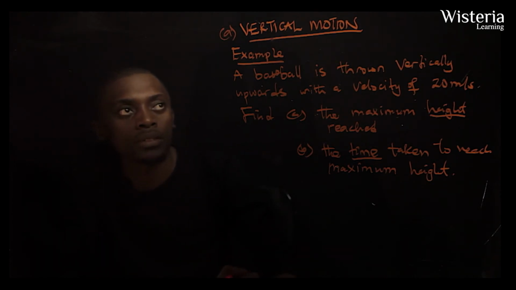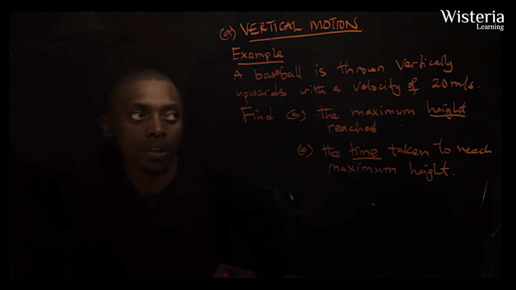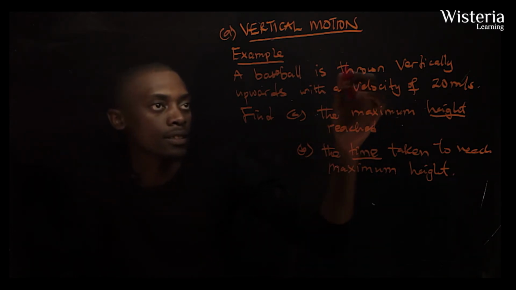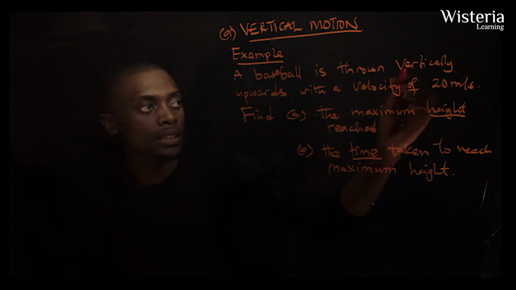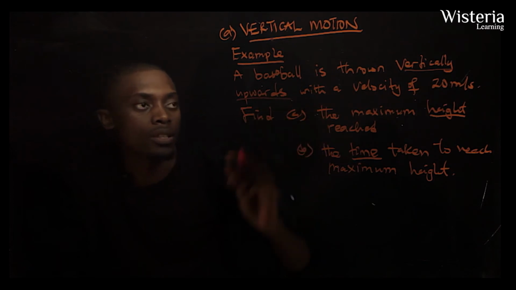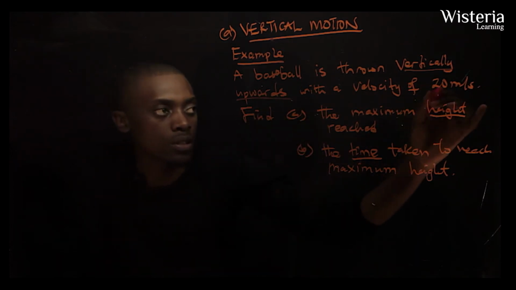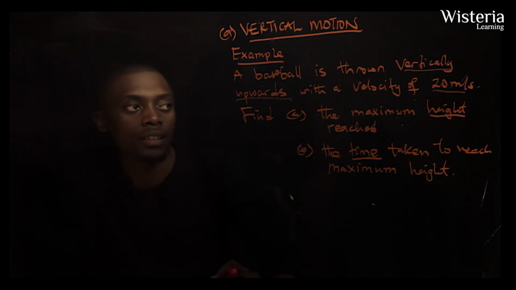By that we mean an object moving through the air, of course. Now, when we have an object that is thrown upwards, like in this example, we have a baseball which is thrown vertically upwards with a velocity of 20 meters per second.